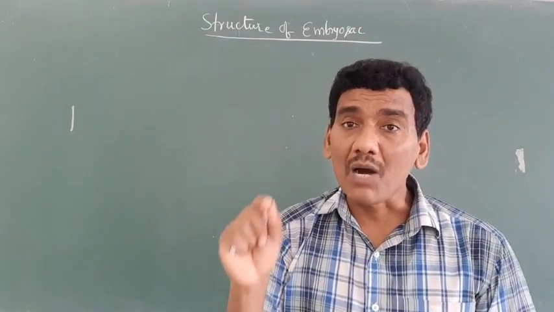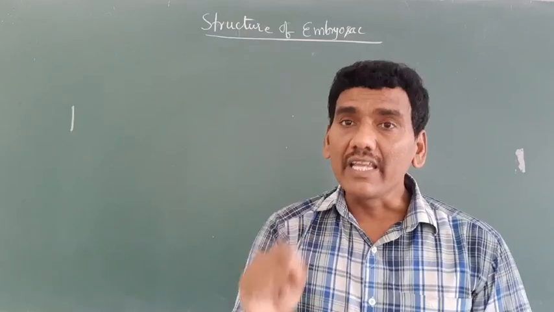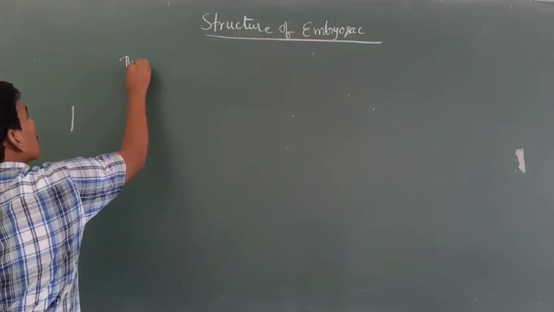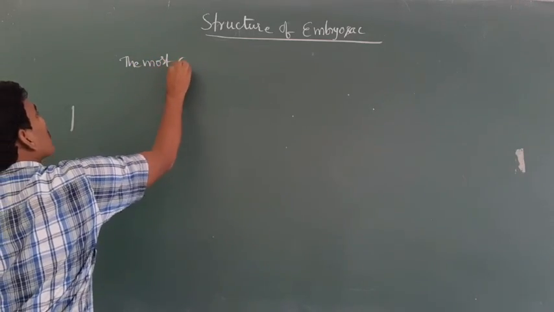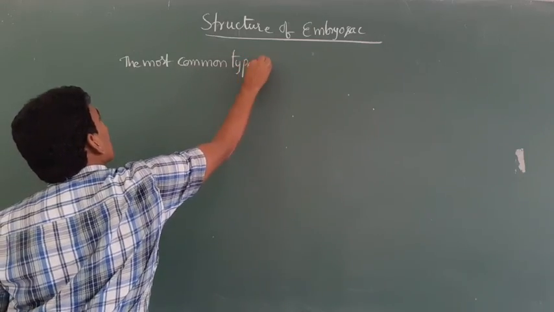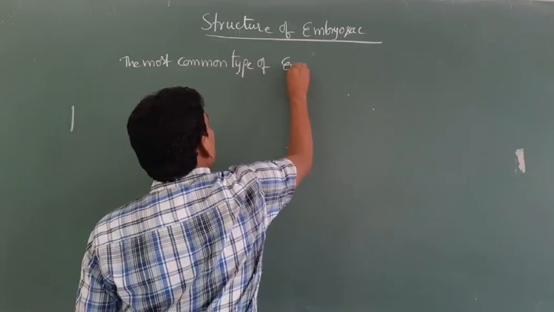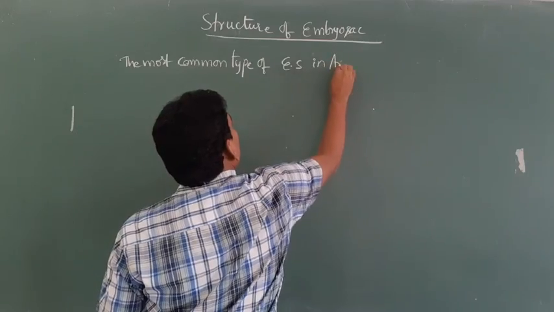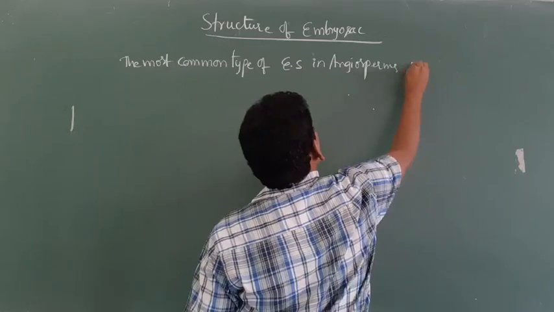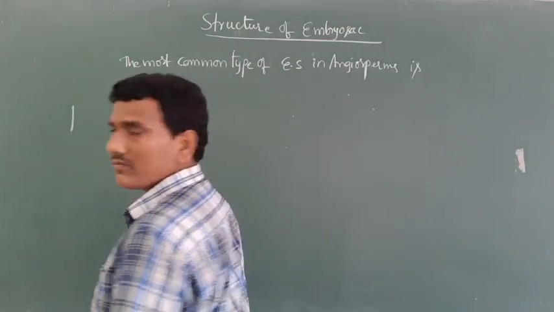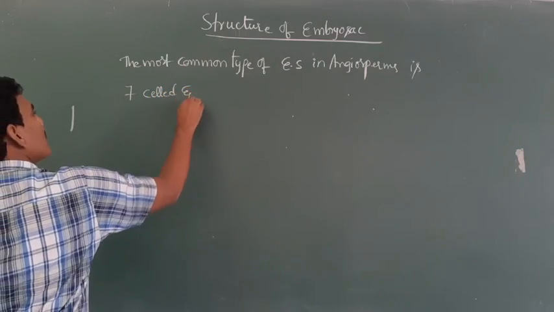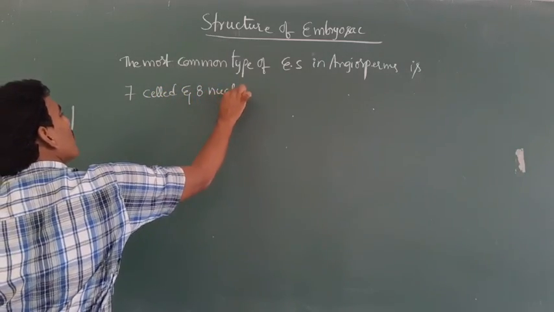The most common type of embryo sac in angiosperms is seven-celled and 8 nucleated.